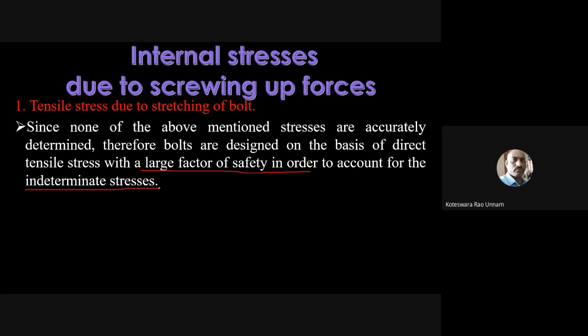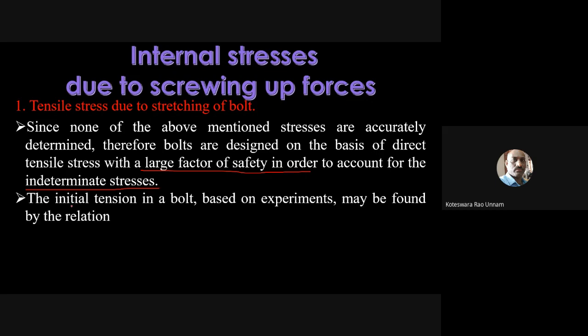But even though we are looking at the tensile stress only, first we'll see what various stresses are developed in the bolted joint because of this initial tightening, and later, if they are absolutely necessary to include in the analysis, we'll consider them. Otherwise, we'll ignore those stresses and consider only the tensile stress with some factor of safety.